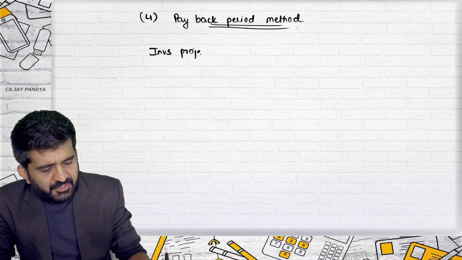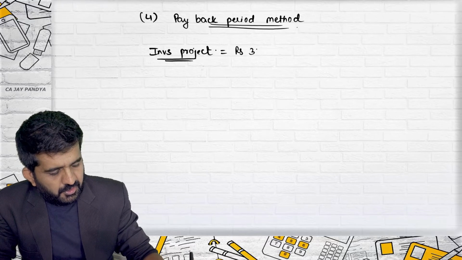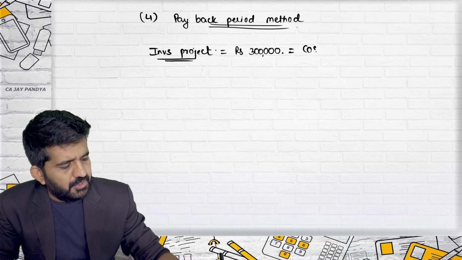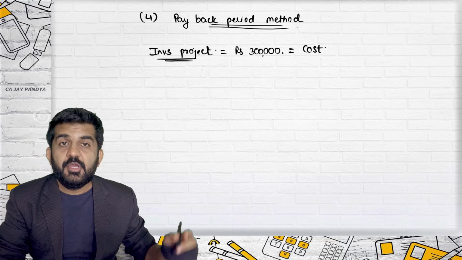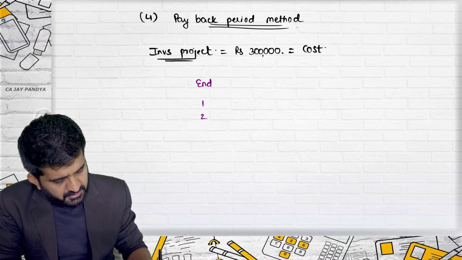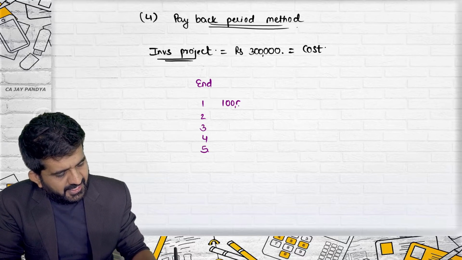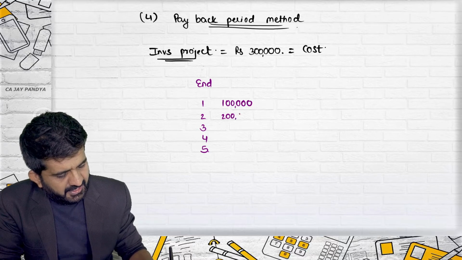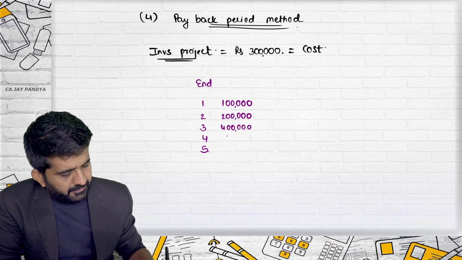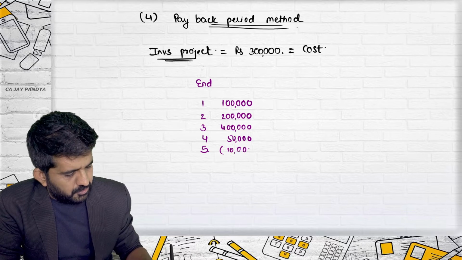My investment in the project, that is the cash outflow, is rupees 3 lakhs. This is the cost. If I do this project, at the end of the first, second, third, fourth and fifth year, in the first year I'll be getting 1 lakh rupees, in the second year 2 lakh rupees, in the third year 4 lakh rupees, in the fourth year 50,000 rupees, and in the fifth year I'll have a loss of 10,000 rupees.